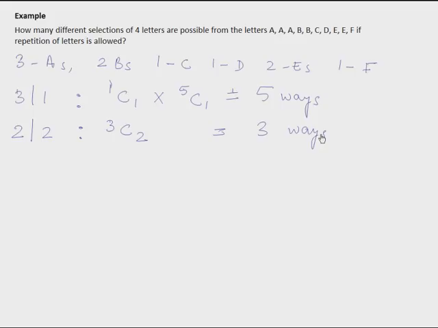Is there another way I can pick 4 letters? Yes, all 4 distinct. How many distinct letters do I have to pick from? A, B, C, D, E, F. I have 6 distinct letters to pick from, and I need to choose 4 of them. That number of ways is 6 choose 4, which is the same as 6 choose 2, which is 15 ways.